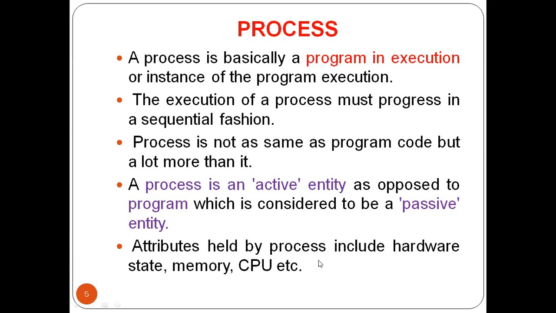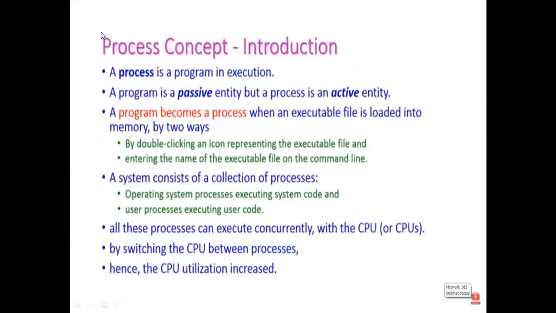The attributes held by a process include the hardware state, memory, and CPU, etc. The program becomes a process when an executable file is loaded into the memory in two ways: by double-clicking an icon representing the executable file, or by entering the name of the executable file on the command line. So we can create a process by either way to load the file into the memory.